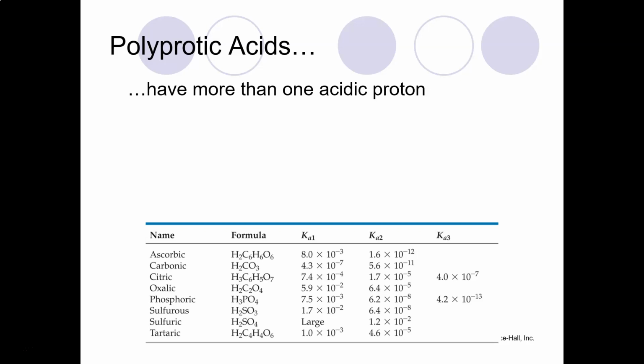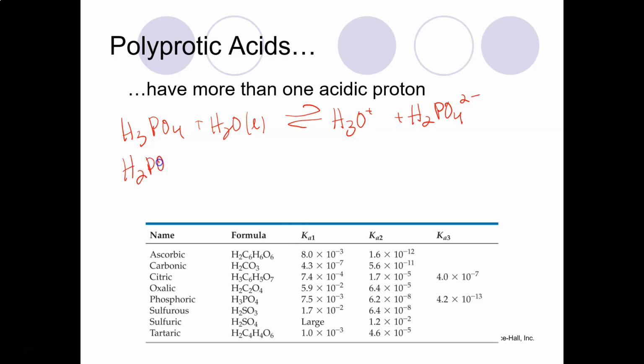So if we started with H3PO4, we added it to water, it would donate 1 hydrogen to make 1 H3O plus, and then the stuff that's left over, well, that H2PO4, sorry, that would just be -1, is still an acid, so it can still donate.